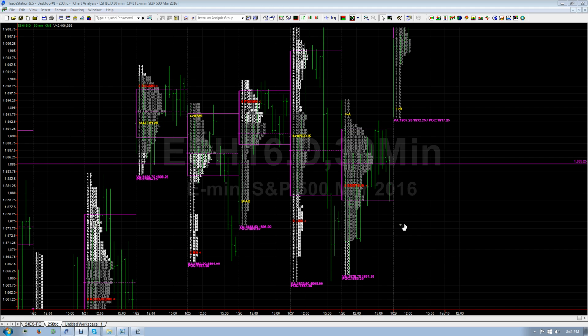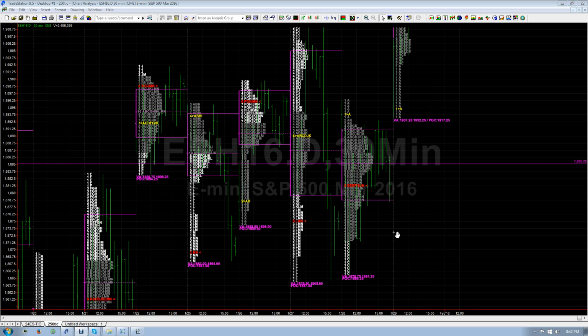Let's go on to say, all right, using this profile again, the market opened up in range below value, and the market came down and tested the prior day's low, and the prior day's low held, and then the market would go up. That would be another example of an opening test drive. The market would open up and it would test or reject a valid market profile test point.